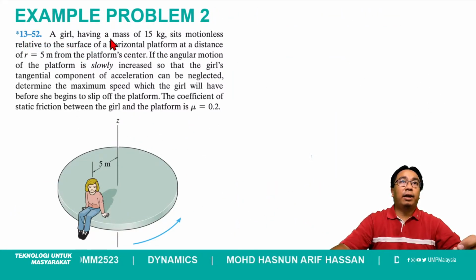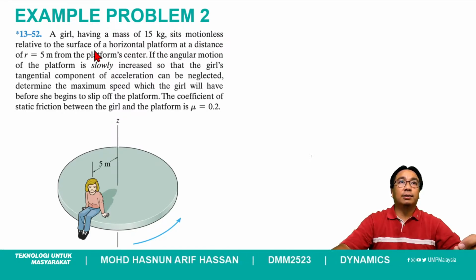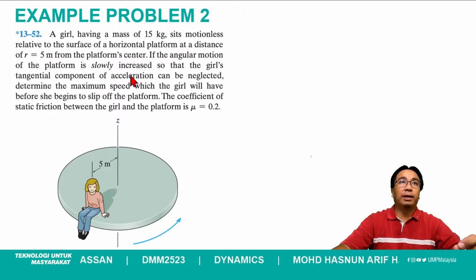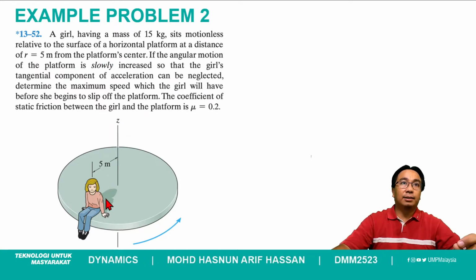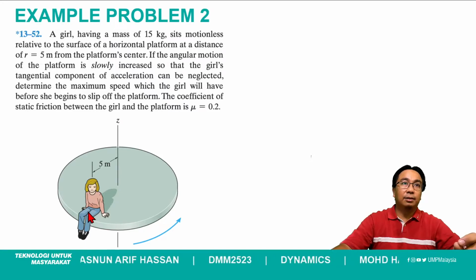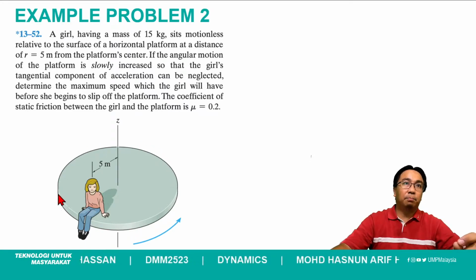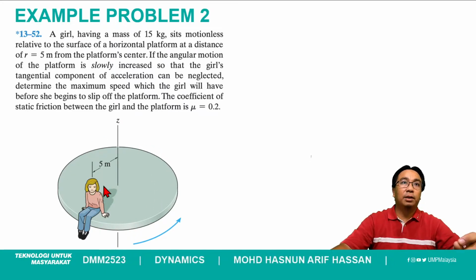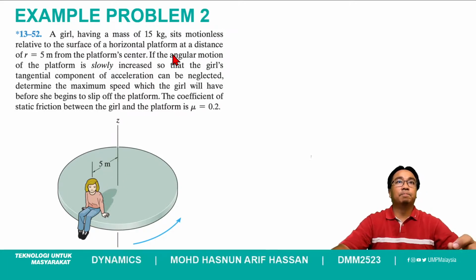A girl having a mass of 15 kg sits motionless relative to the surface of a horizontal platform at a distance r equals 5 meter from the center. Okay, the girl is sitting at the edge of the circular platform, 5 meter from the center.